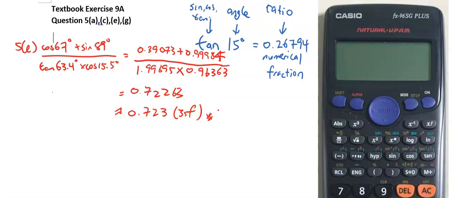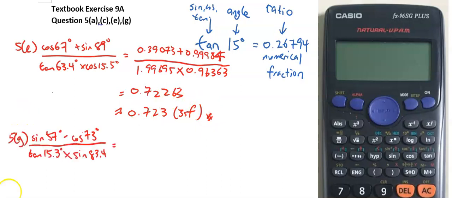In question 5g, we can use our calculator again, evaluating numerator and denominator separately. Numerator, sine 57, 0.83867 minus cosine 73, we get 0.29237.